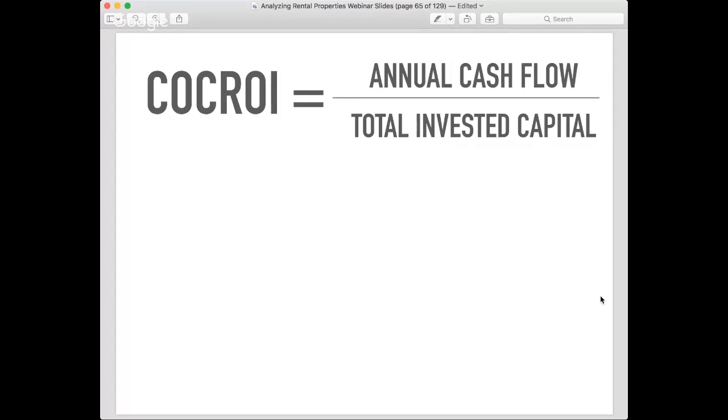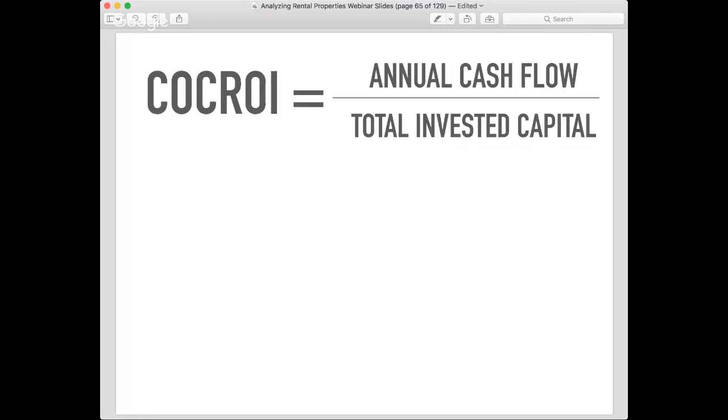So going back to our numbers, let's look at that again. What is the return on investment we're getting on this property? To figure out your return on investment, you've got to do a little calculation. Don't get too confused here. It's just a very simple division. You divide your annual cash flow by how much money you put into the deal.